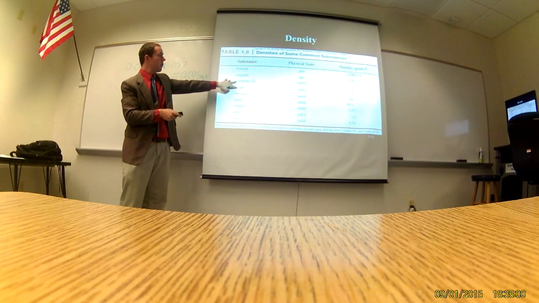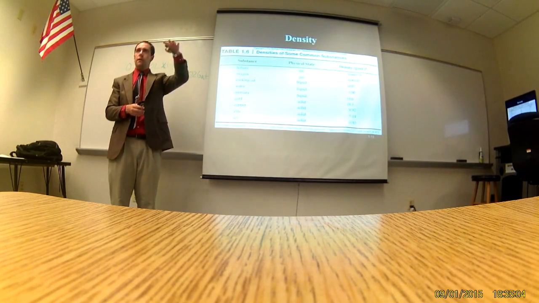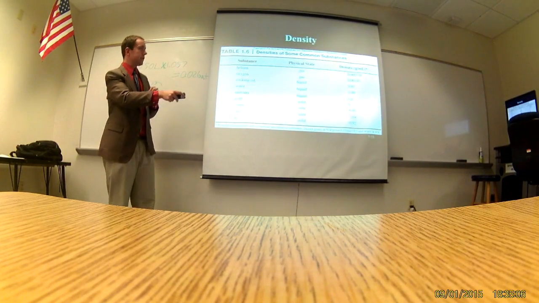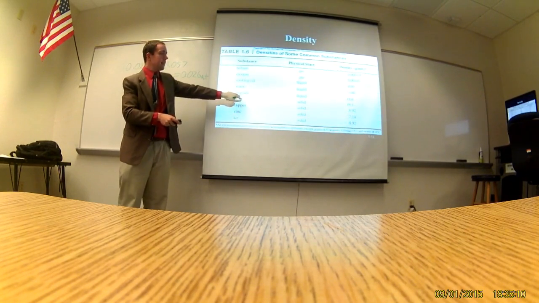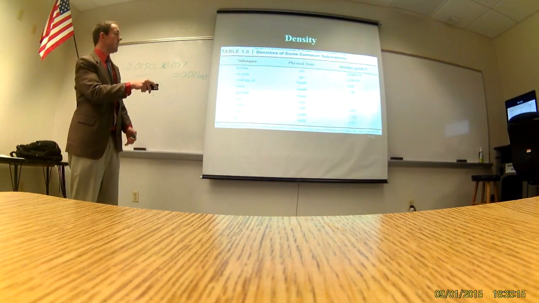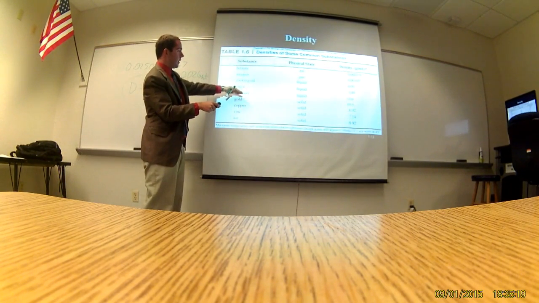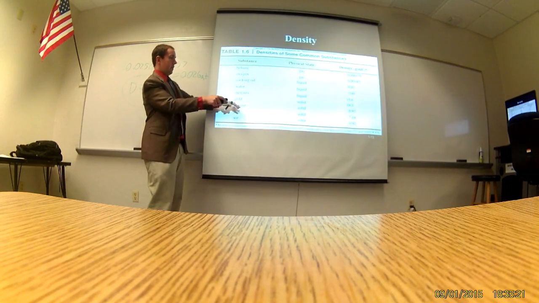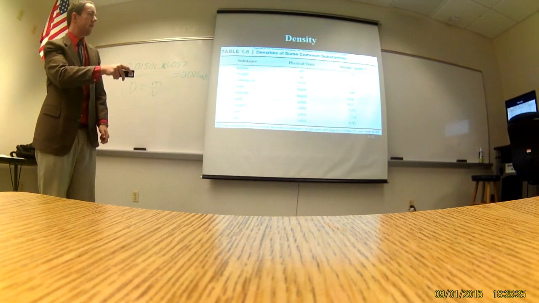You know what happens when you mix oil and water? The oil floats, right? Oil is less dense. Mercury is a liquid, but it's a metal. It is very, very dense for a liquid. When we go from this liquid to a solid, again, it gets higher density.